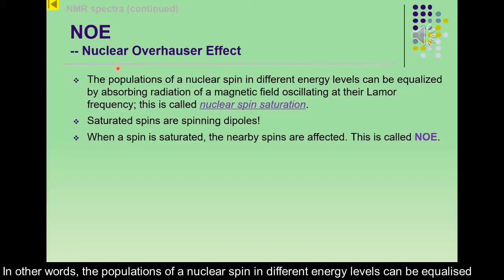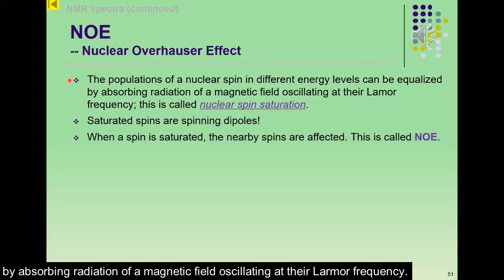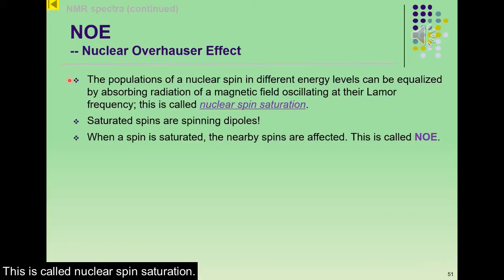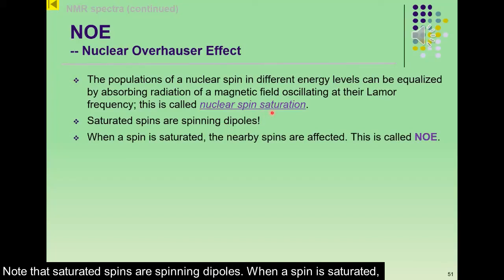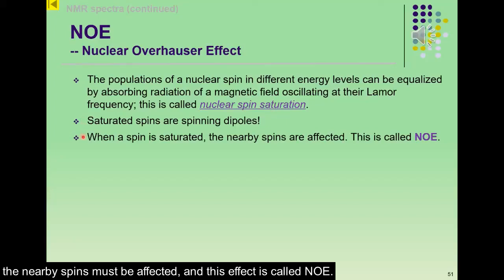In other words, the populations of a nuclear spin in different energy levels can be equalized by absorbing radiation of a magnetic field oscillating at the Larmor frequency. This is called nuclear spin saturation. Note that saturated spins are spinning dipoles. When the spin is saturated, the nearby spins must be affected, and this effect is called NOE.